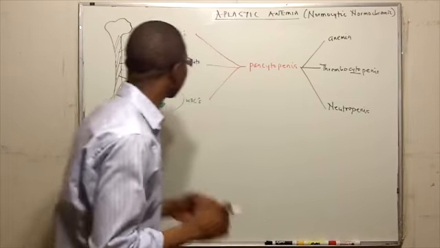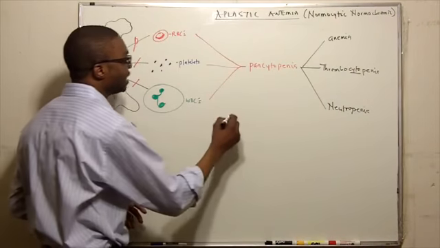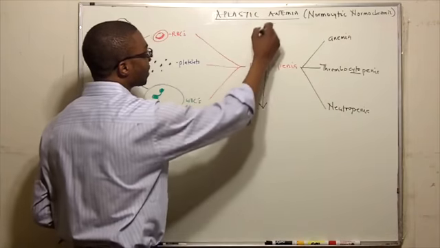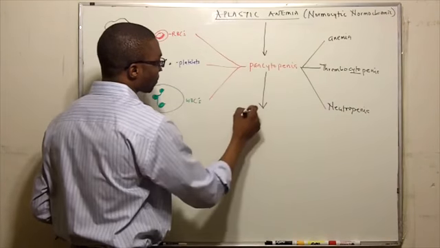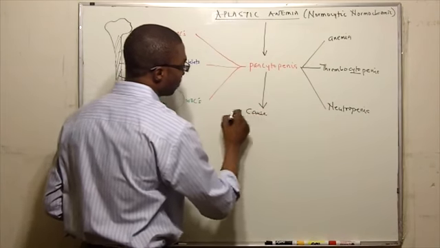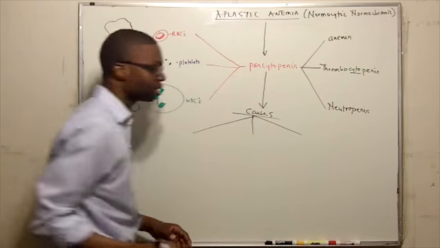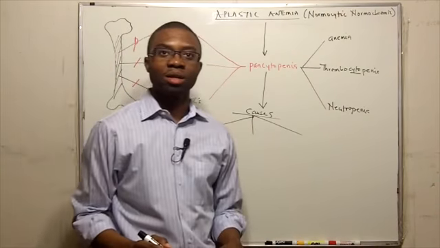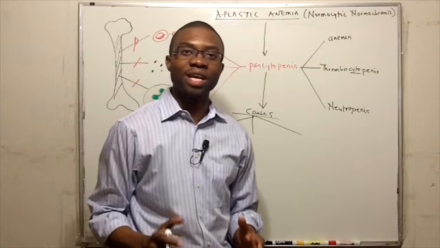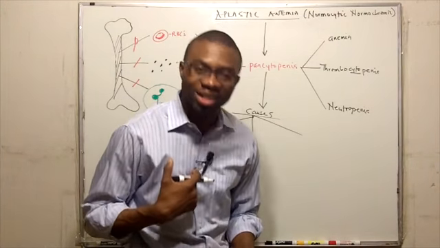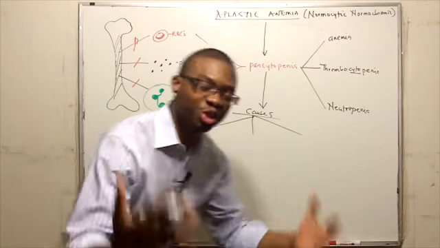So let's go into what actually causes aplastic anemia. What causes these patients to become pancytopenic? I'm just going to break it down into different categories. Guess what? The most common cause of aplastic anemia is, I don't know. Yeah, we don't know.